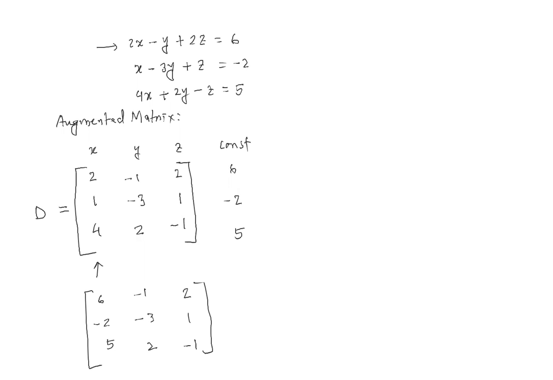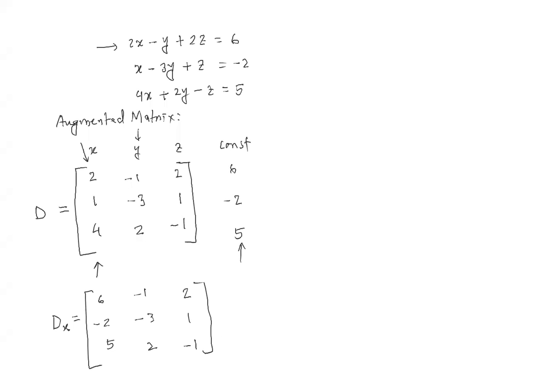What I did is I replaced the first column by the constants, 6, negative 2, and 5. And I call it D sub x because I got it by replacing the first column.